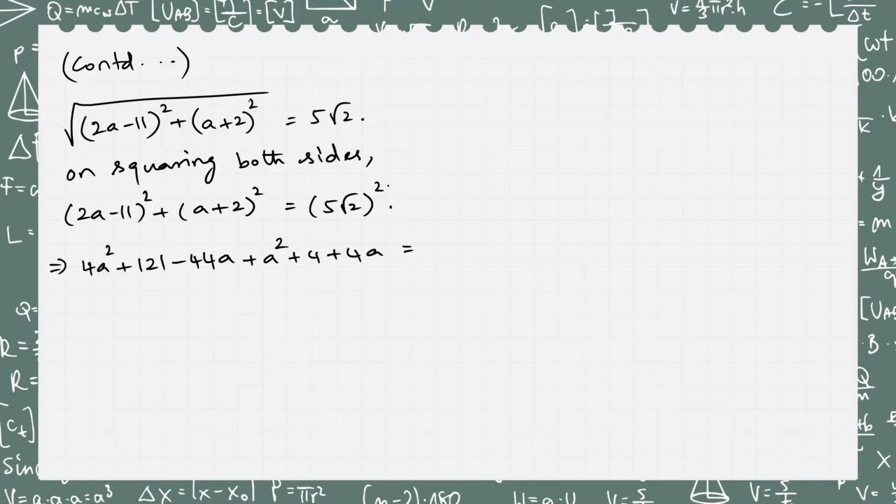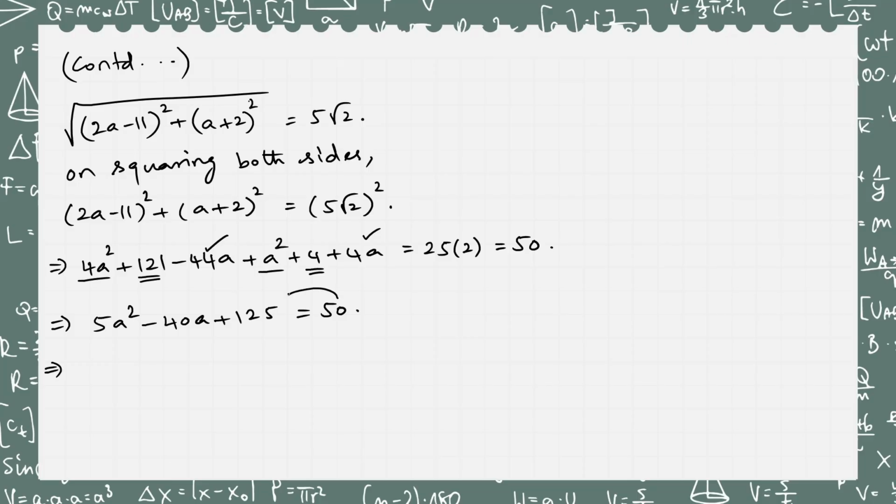This side, the square of 5 root 2 will be 5 square into root 2 square, which is 25 into 2, which is 50. Correct? So now combining everything together, 4a square plus a square will be 5a square, and minus 44a plus 4a will be minus 40a, and 121 plus 4 will be 125. This side we have 50.